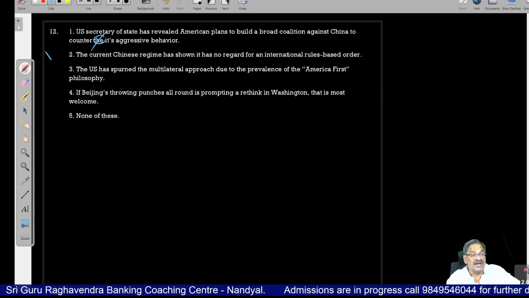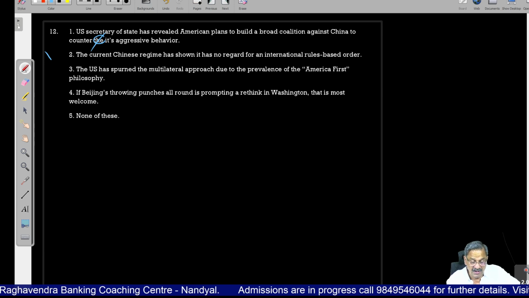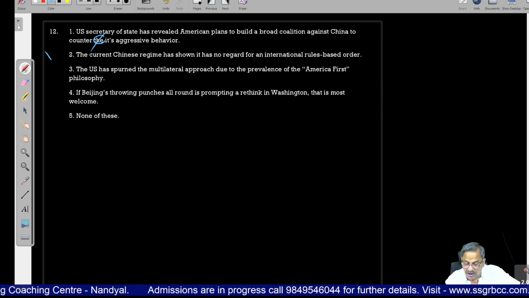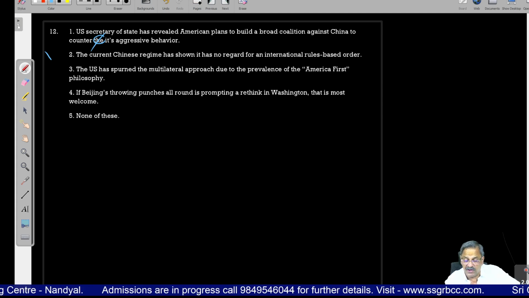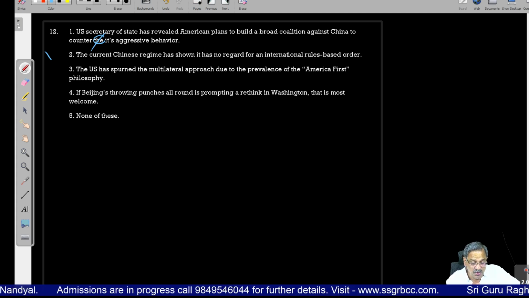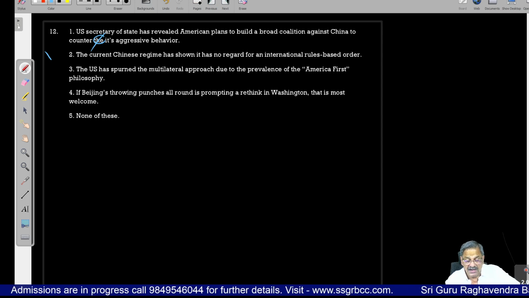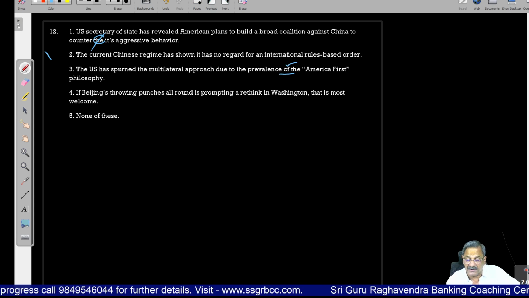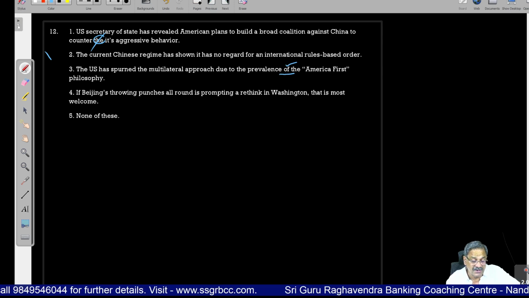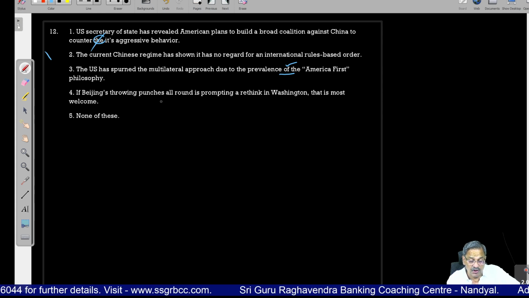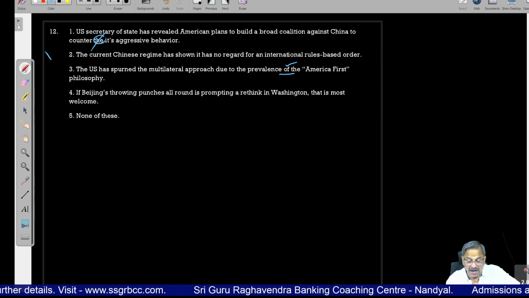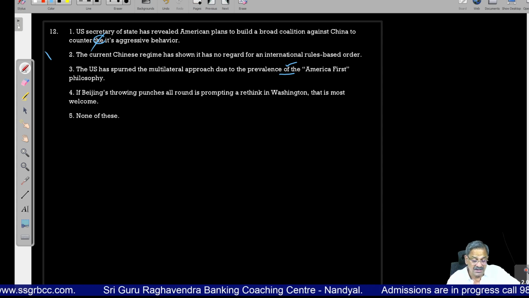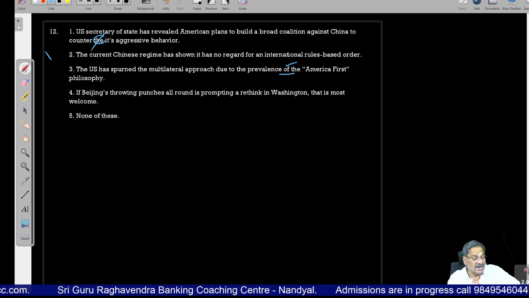The current Chinese regime, singular, has shown it has no regard for an international rules-based order. The US has spurned the multilateral approach due to the prevalence of the America first philosophy. If Beijing's throwing punches all around is prompting a rethink in Washington, that is most welcome. So the error is in the first part.